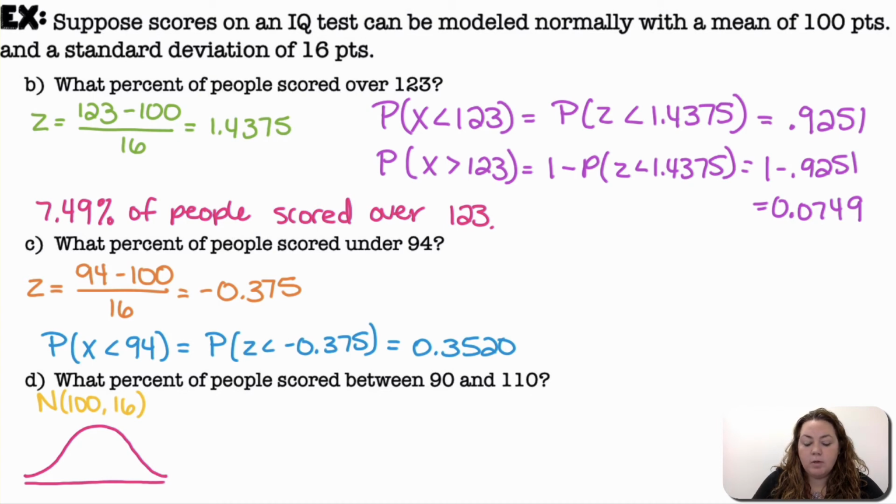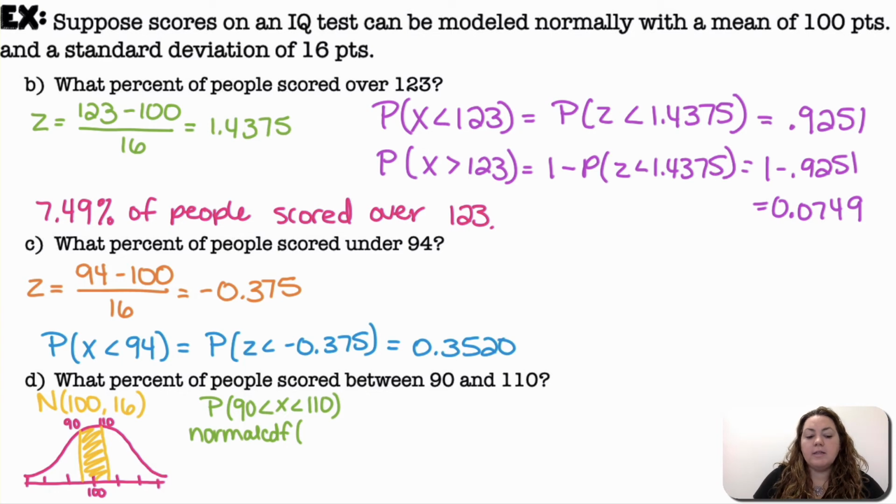What percent of people scored between 90 and 110? So I have this normal model, again, with a mean of 100, standard deviation of 16. I want to be between 90 and 110. So the probability that x is between 90 and 110. I could do my calculator for this one, or I can find the z-score at 110 and find that percentage. I can find the z-score at 90 and find that percentage that's below, and then subtract the two to find that in-between section.